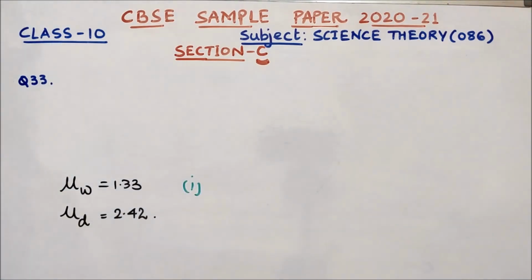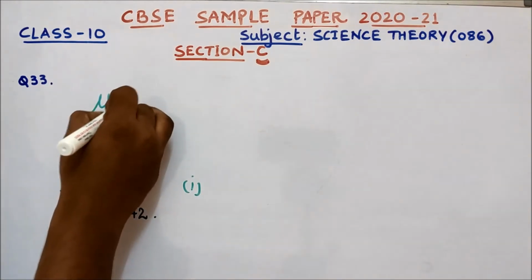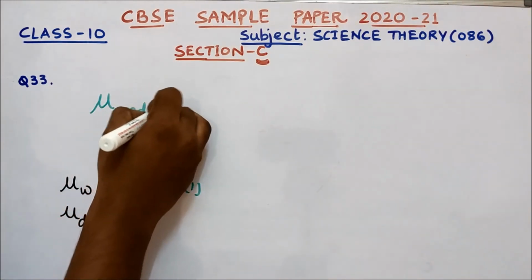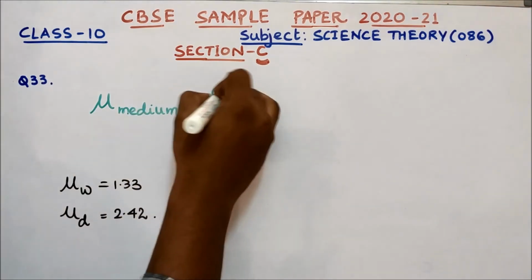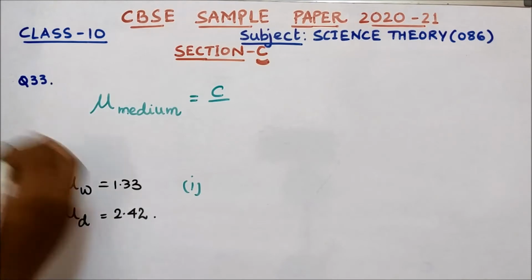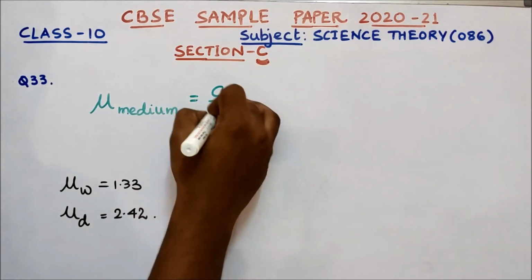You need to understand the concept here. The concept is the definition of refractive index of a medium. The refractive index of a medium with respect to vacuum or with respect to air, we call it the absolute refractive index, and it is defined as the ratio of the speed of light in vacuum or air to that in the medium.